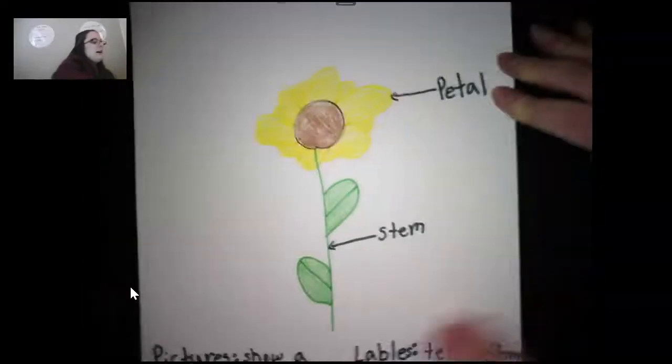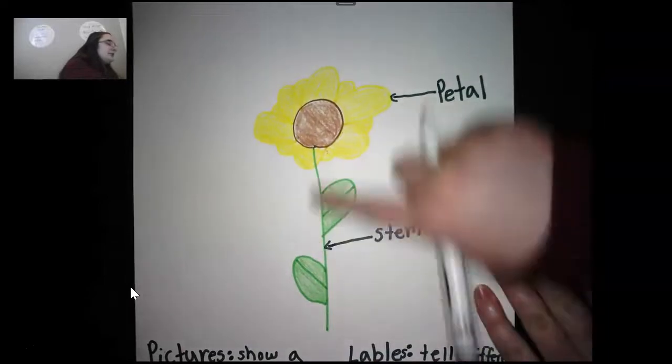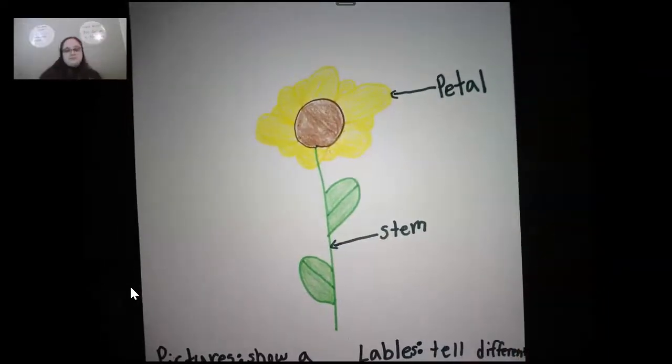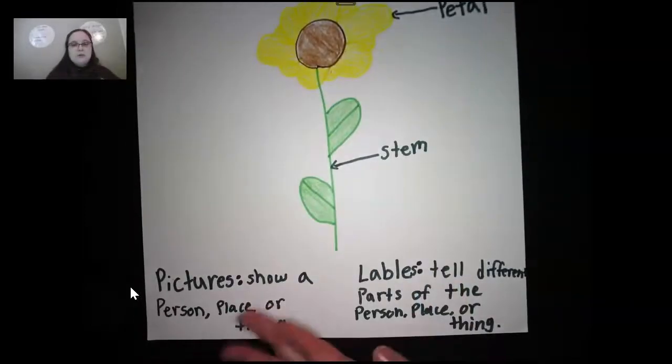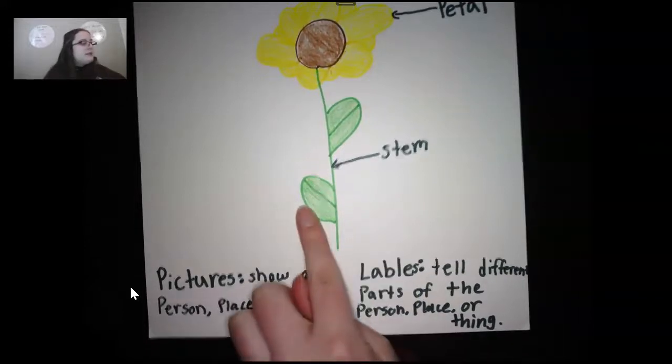So you can see that I have this labeled petal, so these are the petals, and I have this part labeled the stem. Now I have two more labels that I wanted to add, just because I wanted to show you guys how to add labels. So another part of our sunflower that I want to tell or inform my readers about is their leaves.